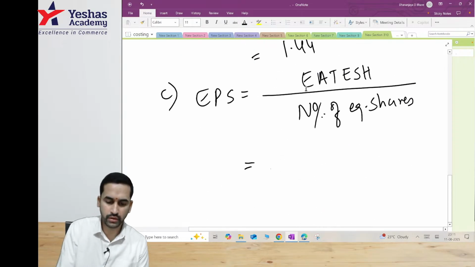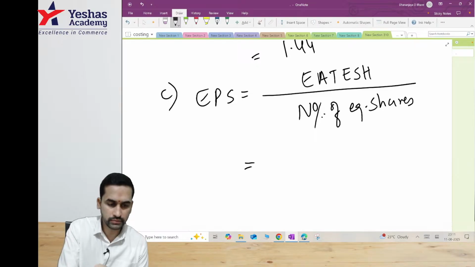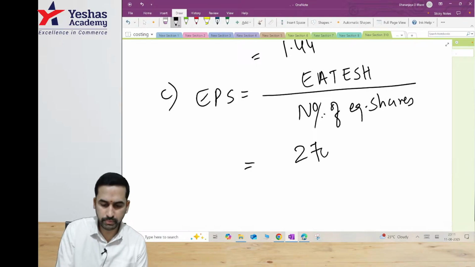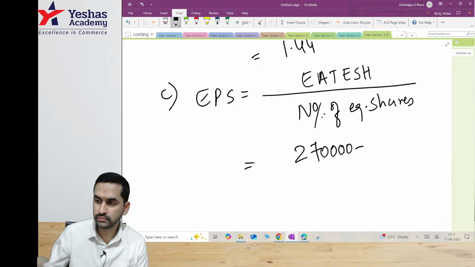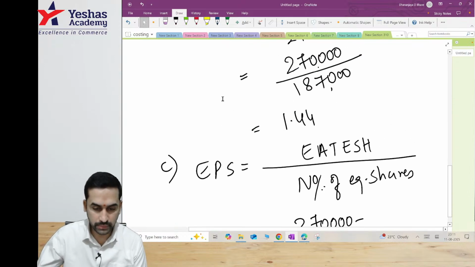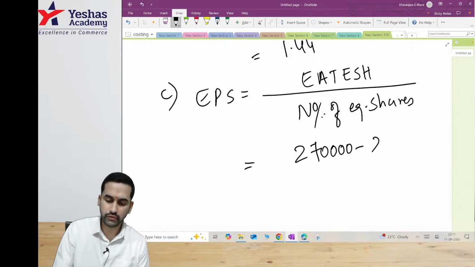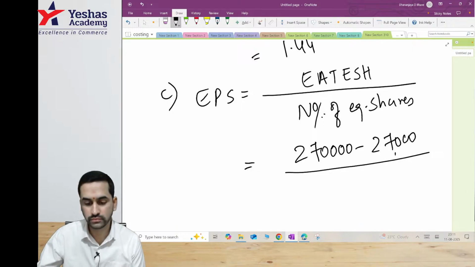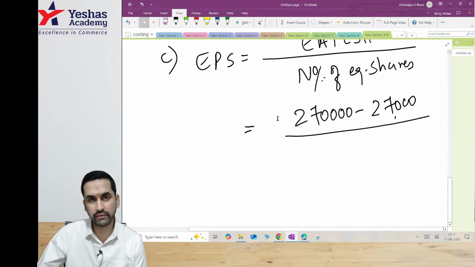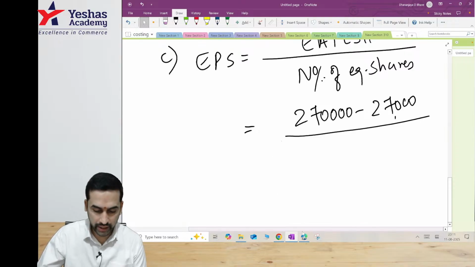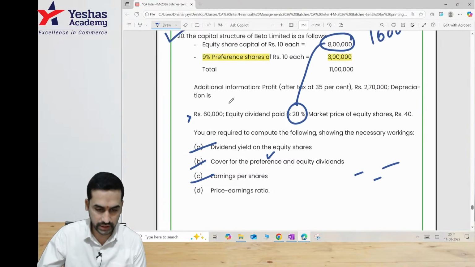2,70,000. From 2,70,000, we have to first pay preference dividend. Yes, sir. How much is the preference dividend? 27,000. From this, if you take out 27,000, what do you get? Earning available to equity shareholders divided by number of equity shares. Where do we have number of equity shares?